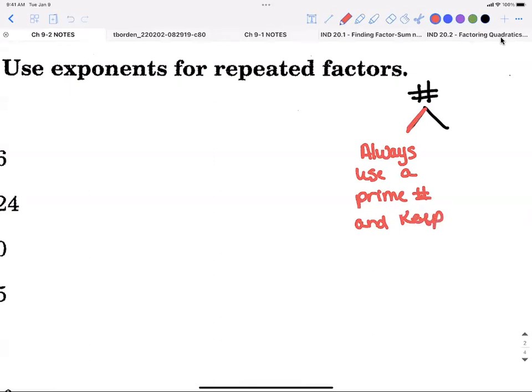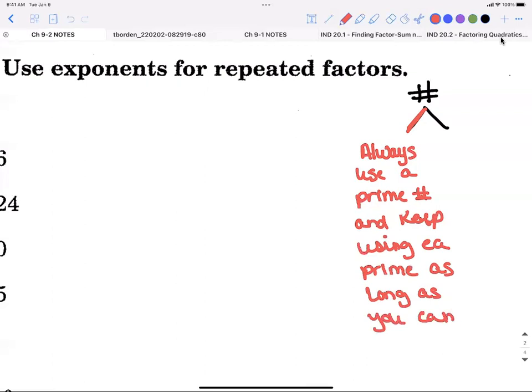I'll explain this more, I promise it'll make more sense when we go through it. Keep using each prime as long as you can. And that'll make more sense when we go through it here.